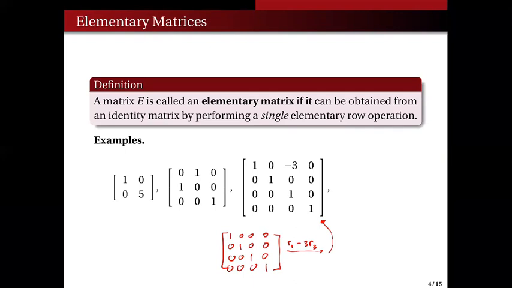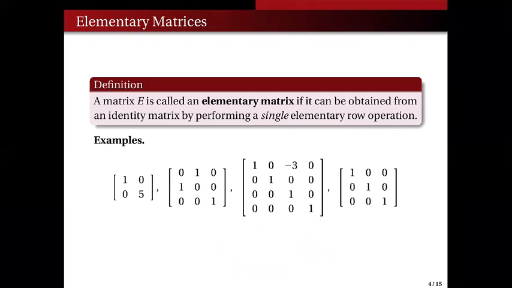And of course, the identity matrix itself is an elementary matrix. You can just multiply 1 to any row and you will get the same matrix. Okay? Questions?